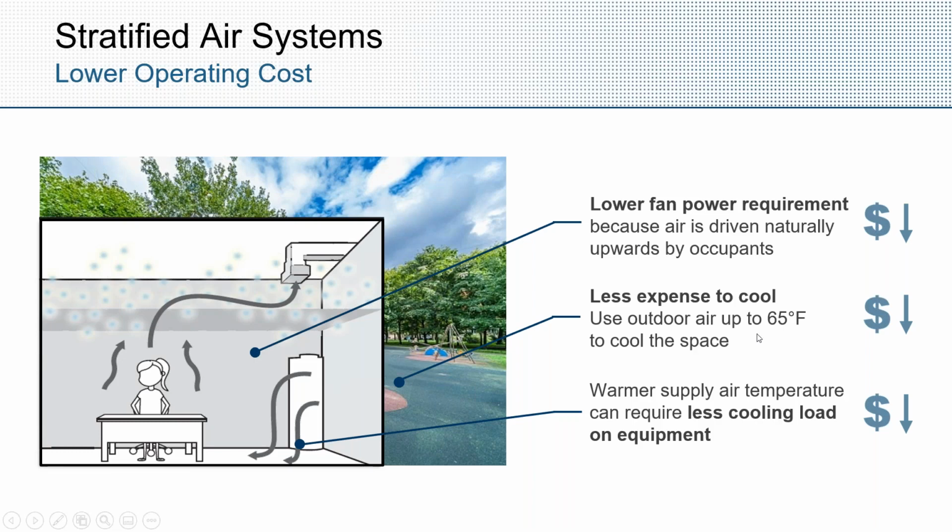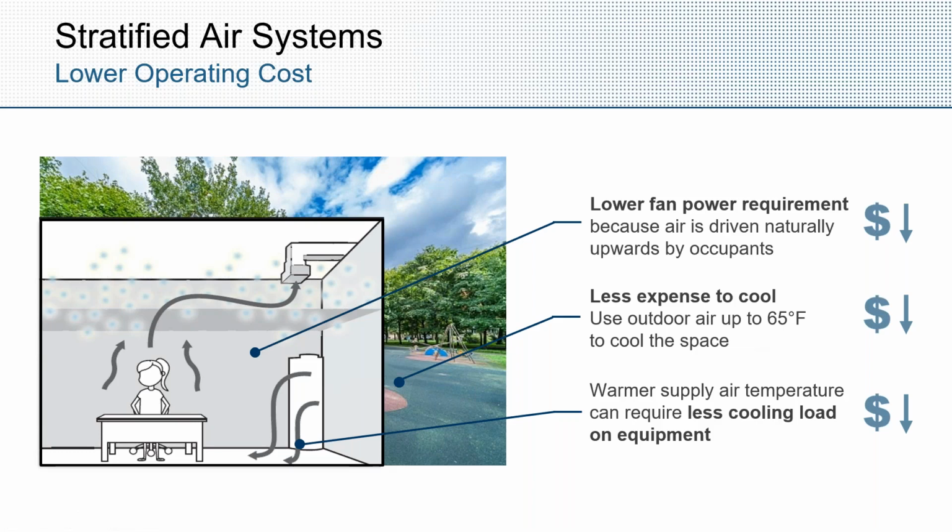Now, depending on where you're designing, in any climate outside of the southern or southeastern US, there is opportunity to provide additional free cooling hours and economizer hours by the elevated supply air temperature, because now we're supplying into the occupied zone.